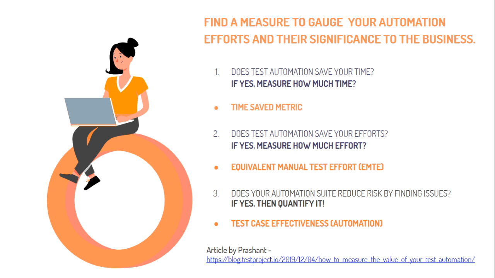Just by answering these three questions, you will be able to find out the ROI of your test automation. We will discuss three different metrics today: time saved metric, equivalent manual test efforts, and test case effectiveness, and we are going to see how to calculate these metrics by using simple formulas.